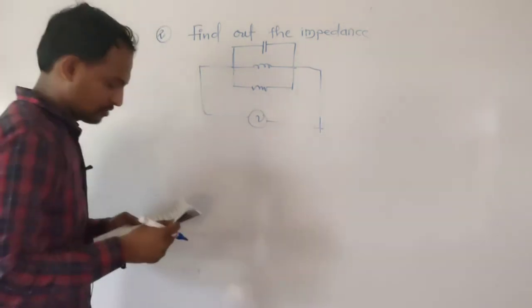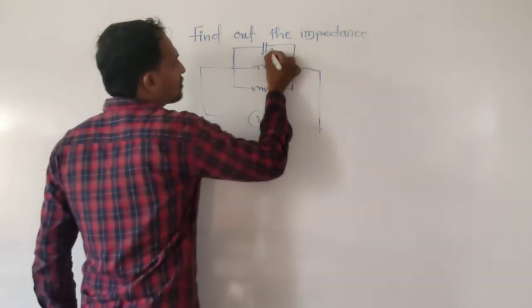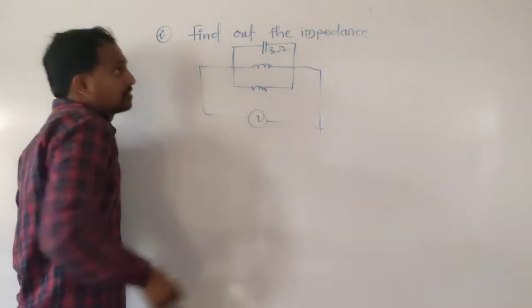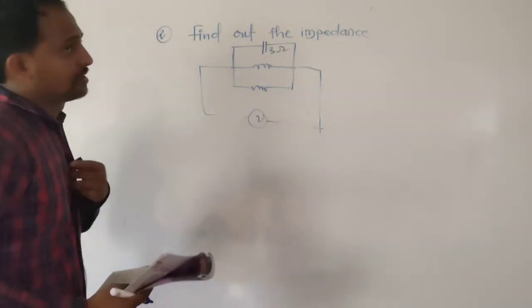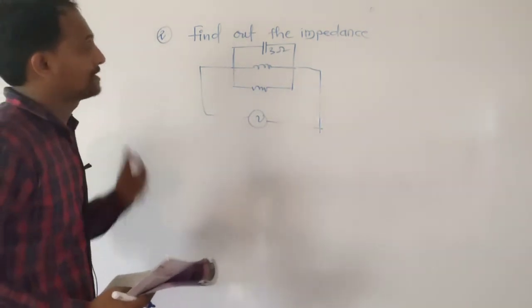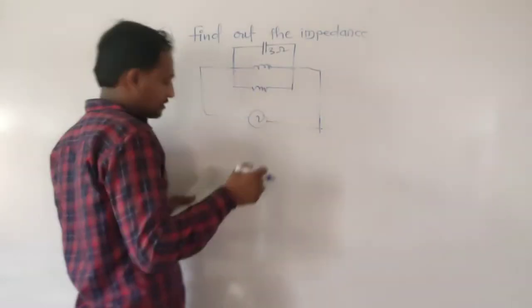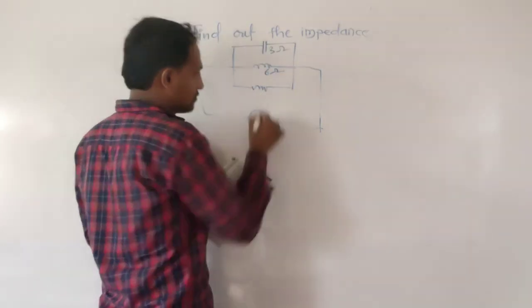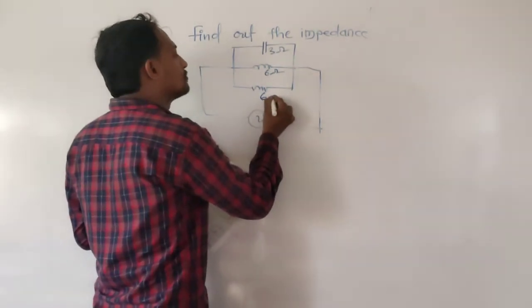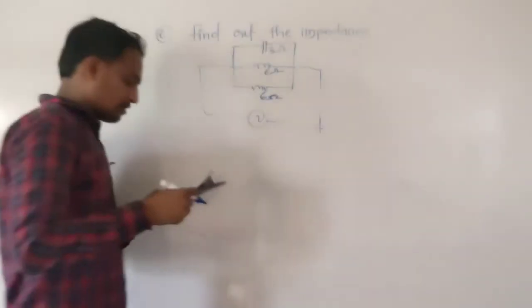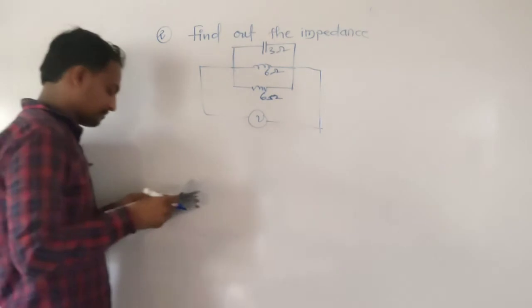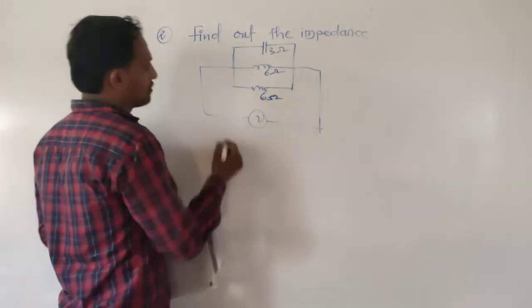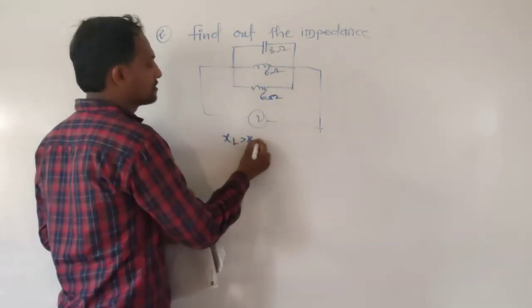The capacitive reactance is 3 ohm, the inductive reactance is 6 ohm, and the resistance is also 6 ohm. Which condition do we have to use here? Again XL is greater than XC.